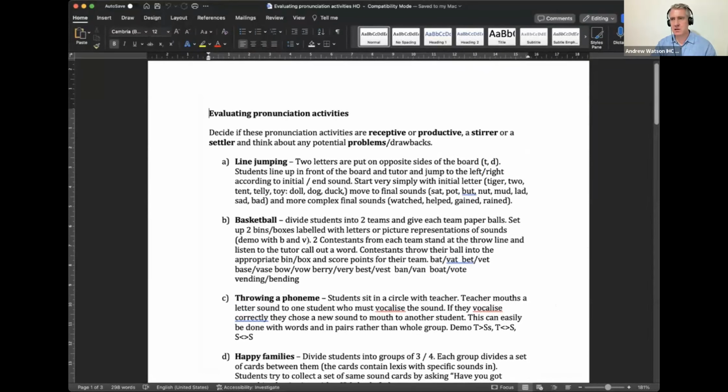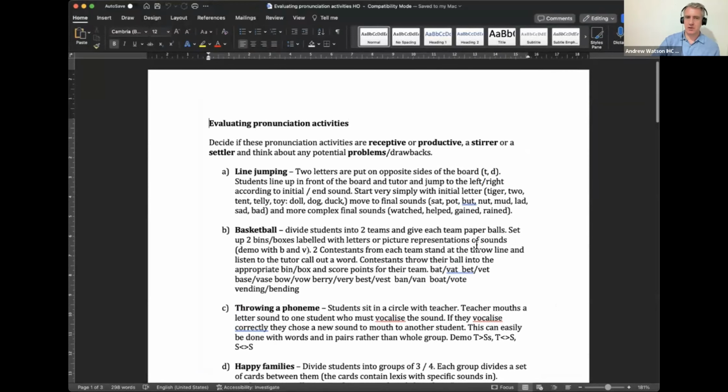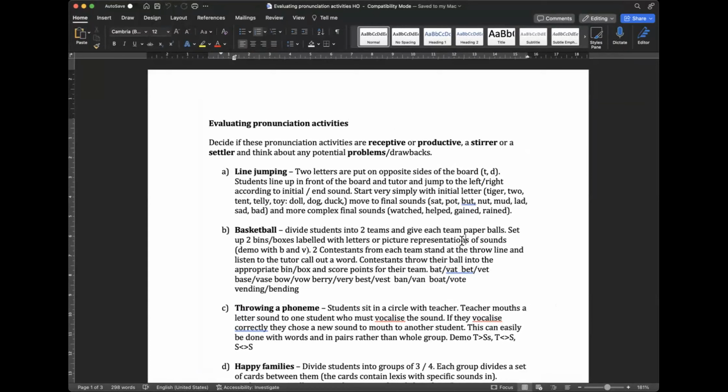All right. Paula, could you read line jumping for us, please? Sure. Line jumping. Two letters are to put on opposite sides of the board. Students line up in front of the board and jump on the left or right according to initial or end sounds.